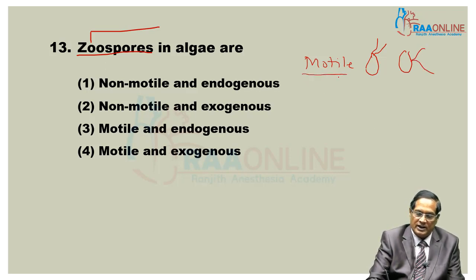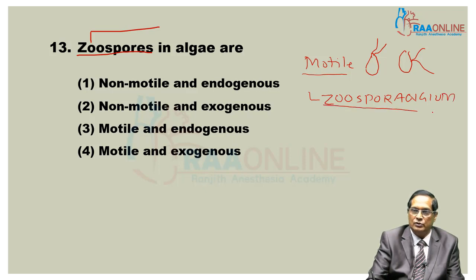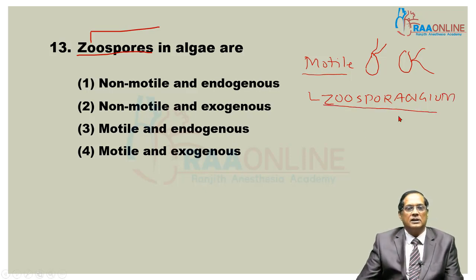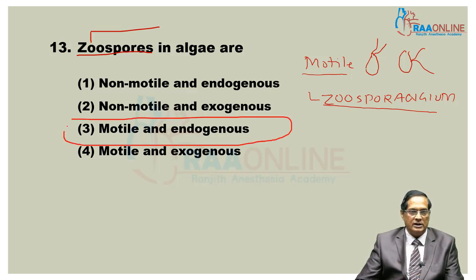They are born inside the zoosporangium. The structure in which zoospores are formed is known as zoosporangium. So their origin is endogenous. So the final answer: zoospores are endogenous and motile spores.